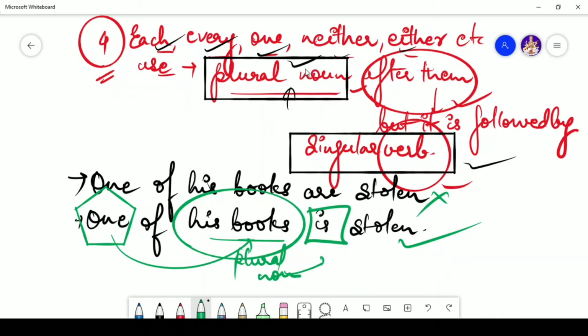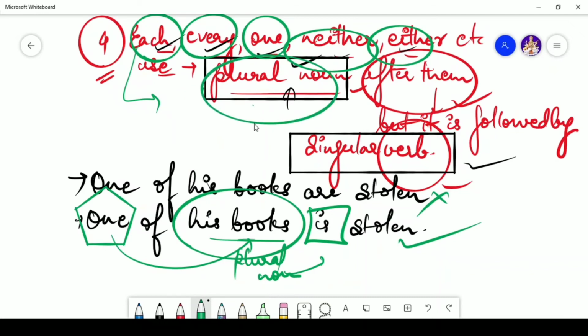And which kinds of plural noun will come after these words? The words can be each, or every or one or neither or either. In all of these cases, you will see that after these words we basically make use of a plural noun, and after the plural noun you must remember that a singular verb is to be used to complete the sentence.